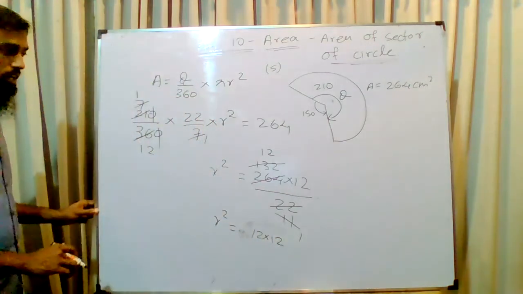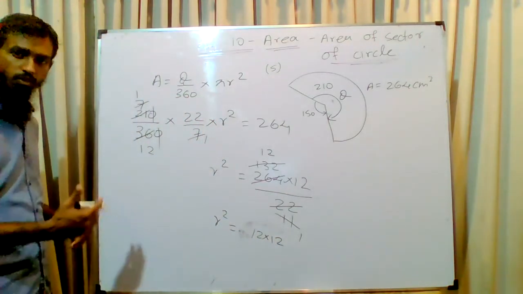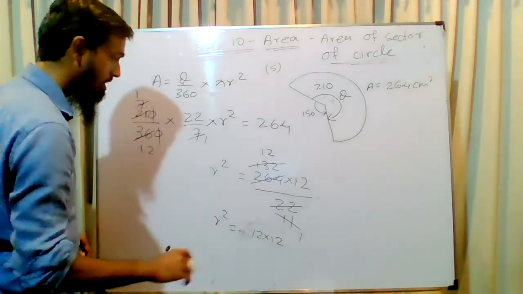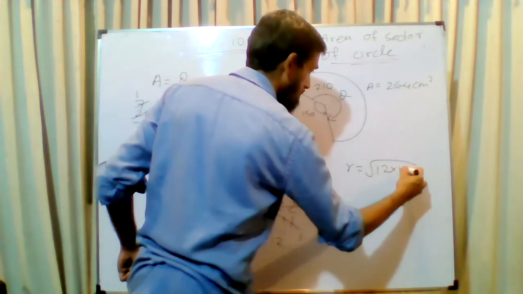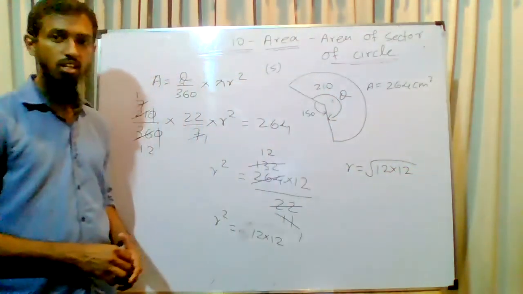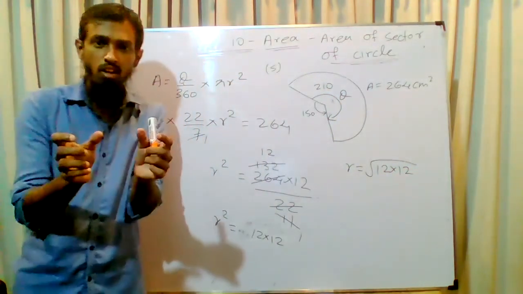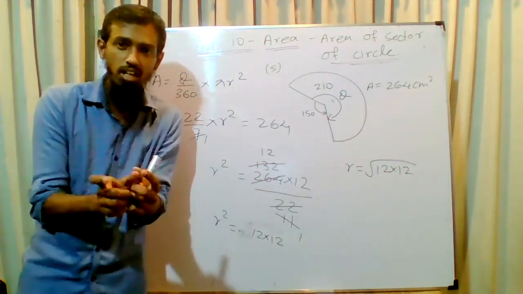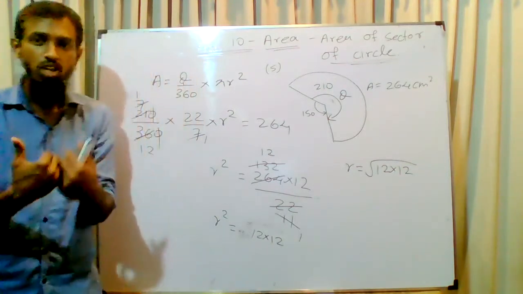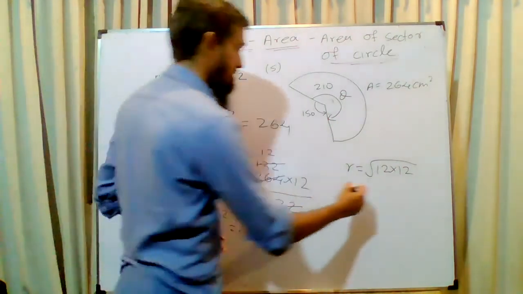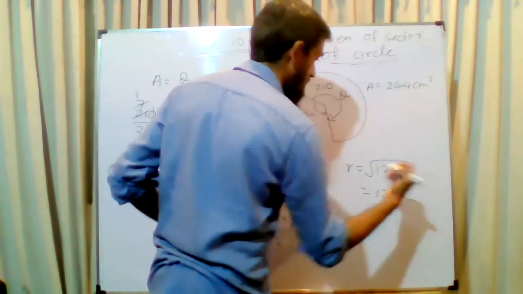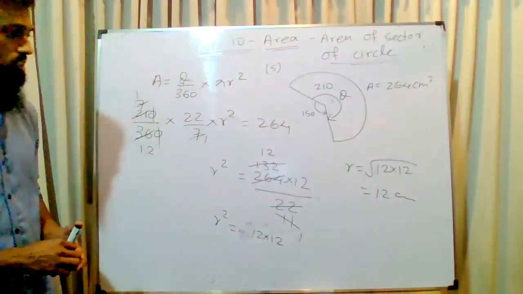You don't want to multiply it. If you multiply, it's okay. So r equal square root of 12 into 12. Grade 9 we studied, if two same values multiply inside the square root, the answer is one of the values, 12. 12 centimeter is the radius.